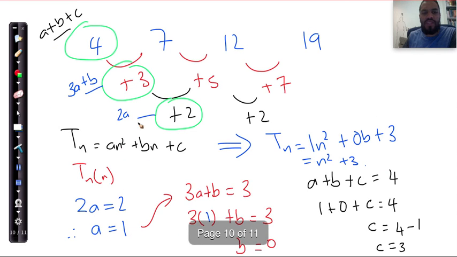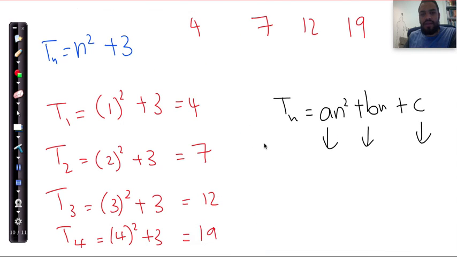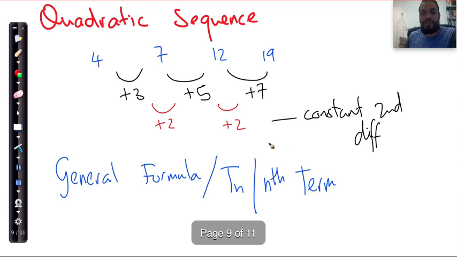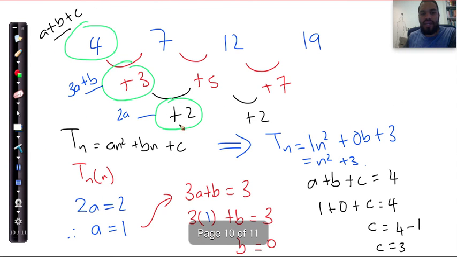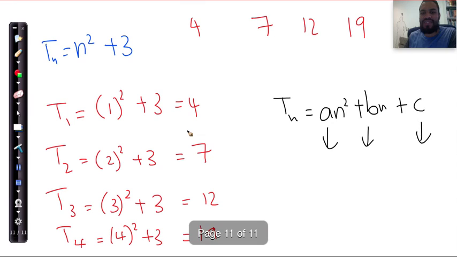And that comes from this: 2a equals 2, 3a plus b equals 3, and a plus b plus c equals 4. That's the first example. In the next one, we're going to find the formula for a quadratic sequence again, using 2a equals the second difference, 3a plus b equals the first difference, and a plus b plus c equals the first term, and then we will test the sequence as well.